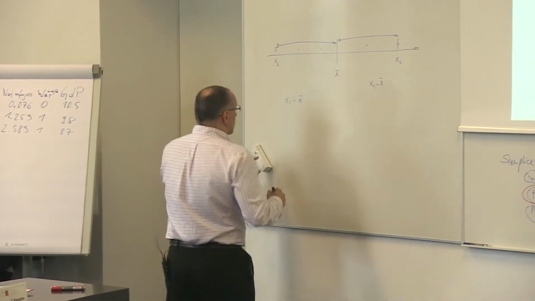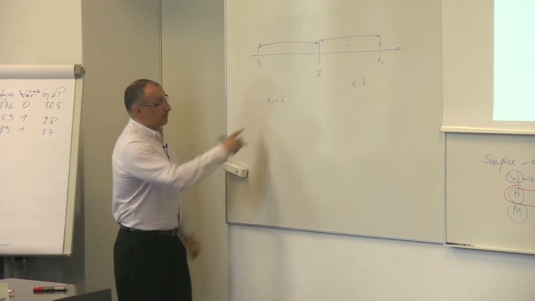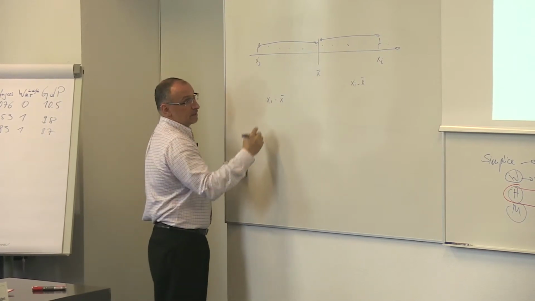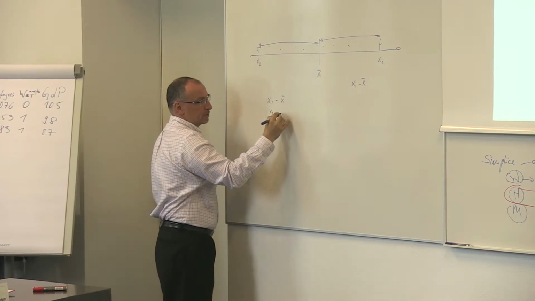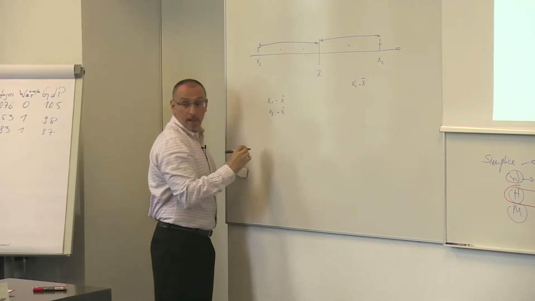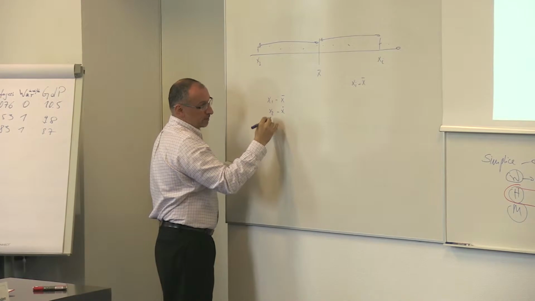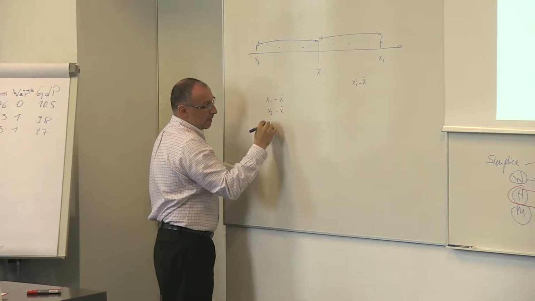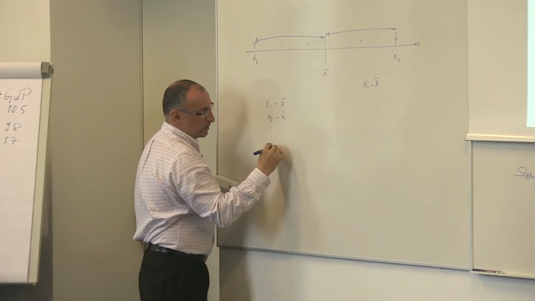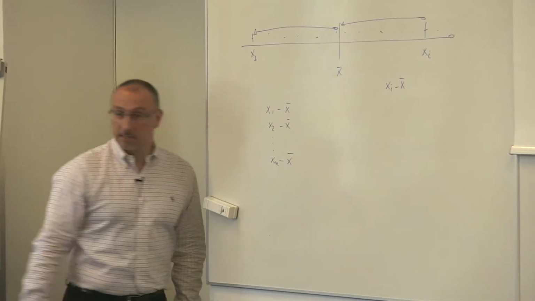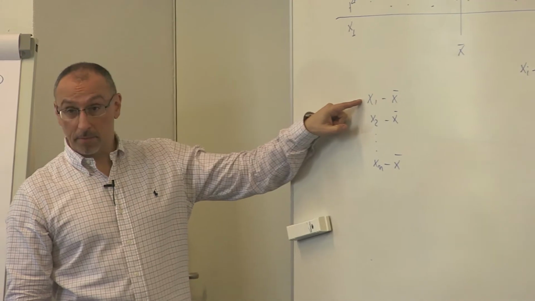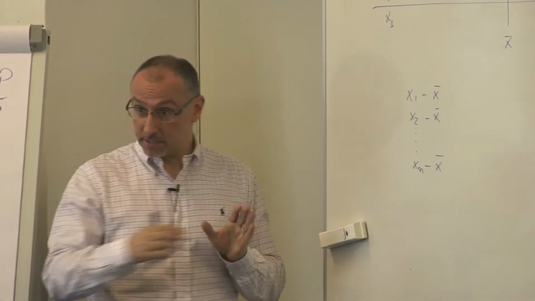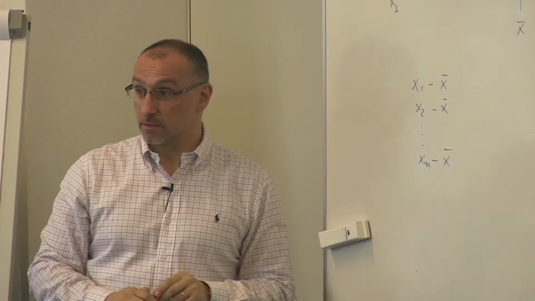Well, if I do it for every point, for the first point it would be this, for the ith point it will be that, but for the second point it will be this, right? The third point would be the same, and the last point would be that. Now, this is the variability for each point with respect to the mean, correct?